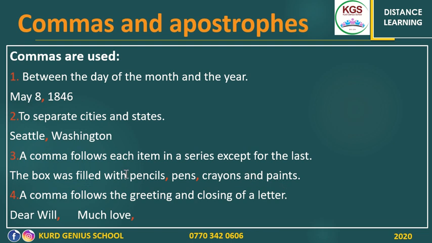So when you have some items together and want to put them in a sentence, you have to put a comma between each of them, except for the last one. As we have it here, the box was filled with pencils, comma, pens, comma. But when we go to the last one, we don't need a comma. Instead, we just put down the word and: crayons and paints, full stop.